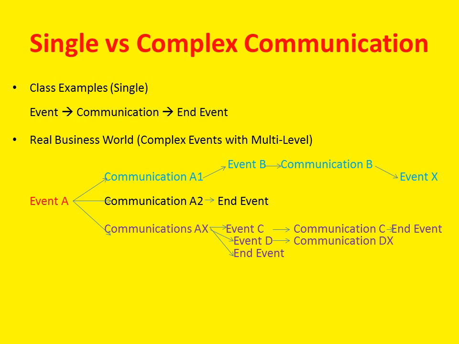For example, the flowchart I have here presents actually a very simple event that could occur. So we'll call it event A. Now in event A, what we have is possibly 2 or 3 different communication levels that we are actually going to work on.